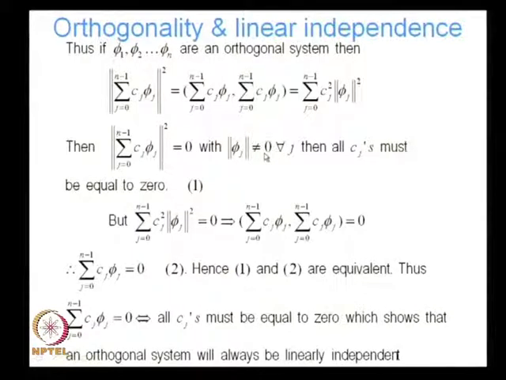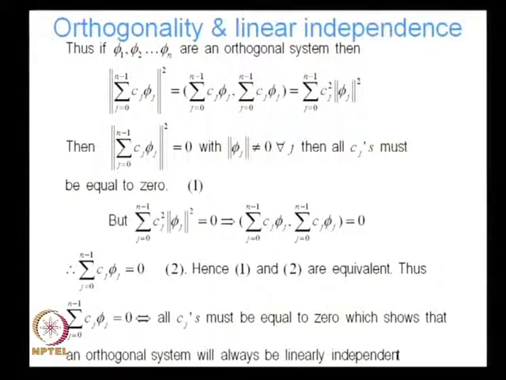If norm of phi j is not equal to 0, norm of phi j squared can't be 0. So I have a sum of squares which is equal to 0, which means each of those terms has to be equal to 0: c1 squared norm phi 1 squared must be equal to 0, c2 squared norm phi 2 squared must be equal to 0, and so on. And I know that norm of phi 1 squared is not 0. So c1 squared must be equal to 0, which means c1 must be equal to 0.